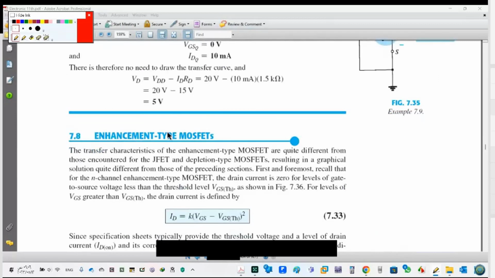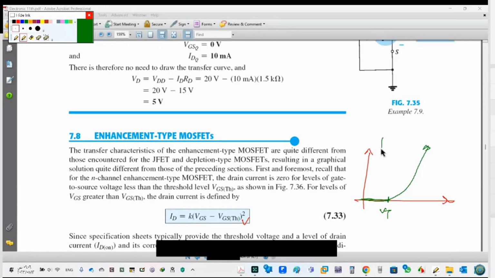The last thing is the enhancement type MOSFET. Here we are using another equation, ID equals k(VGS minus VGS(Th)), or in your book they sometimes write VT, if you remember. Threshold: if you remember with me, we need some volts until this threshold, it is not working, then it starts working.